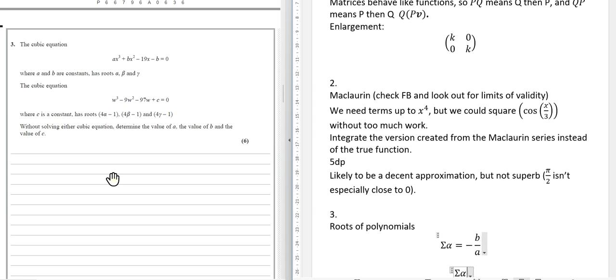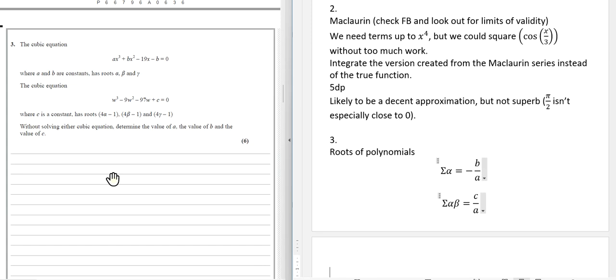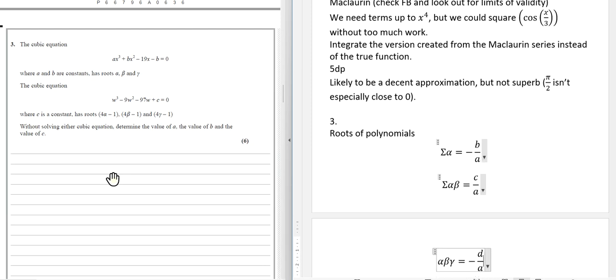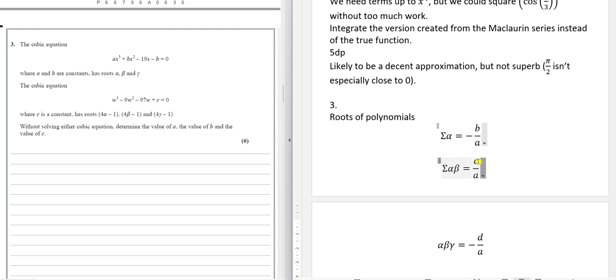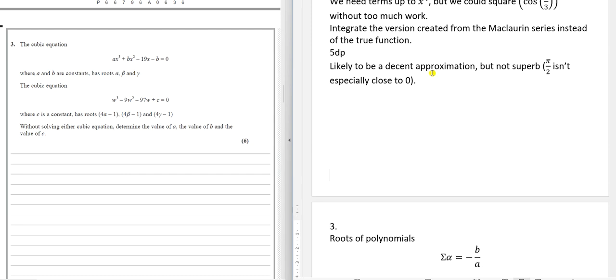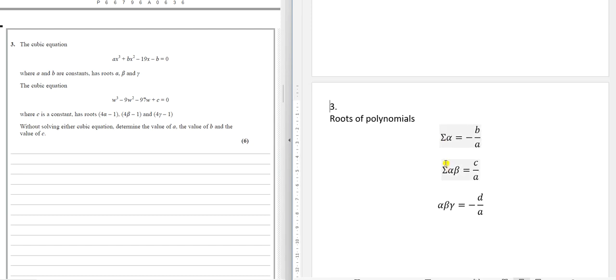The sum of alpha, the sum of alpha beta, so the sum of the roots, the sum of the pairs, and this is a cubic, so the sum of the triplets is equivalent to just the product of the 3 roots. And writing them down at the beginning means hopefully I'm less likely to make sign errors when I come to do this question later on.